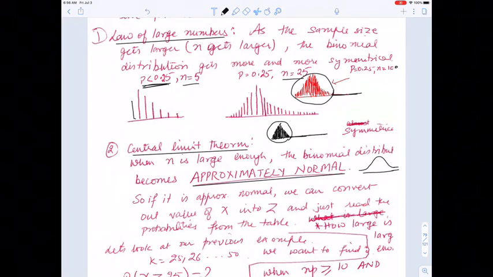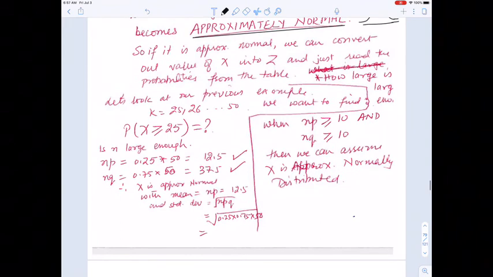So that is the theorem that has been proven: when sample size is large enough, the binomial distribution behaves approximately normal. It is not a normal distribution, it is still a binomial distribution, but it behaves like a normal distribution if sample size is large enough. What does sample size large enough mean?